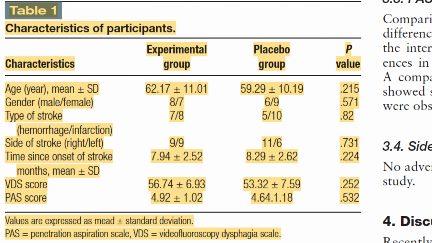On page 3, the authors included Table 1, which reports the characteristics of the participants in the experimental and placebo groups, such as their age, gender, type of stroke, site of stroke, etc. In the final column of this table, the authors reported p-values which were all above the alpha level of 0.05, suggesting there were no statistically significant differences between the groups at baseline. So for question 3 on the checklist, I would say yes, the treatment groups were similar at baseline.